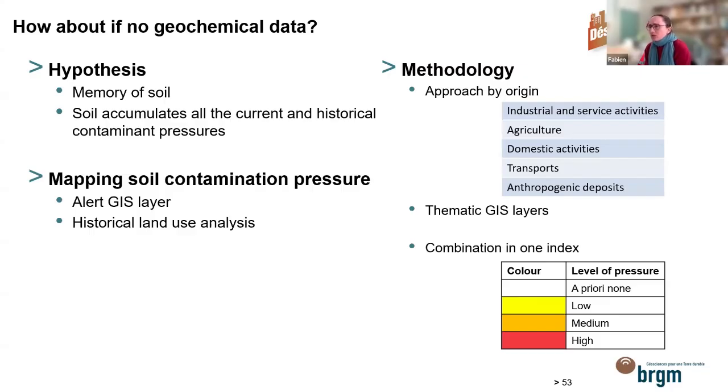So we produced thematic GIS layers and combined these layers into one index with a level of soil contaminant pressure from none, a priori none, to high level of pressure. So next slide, please.